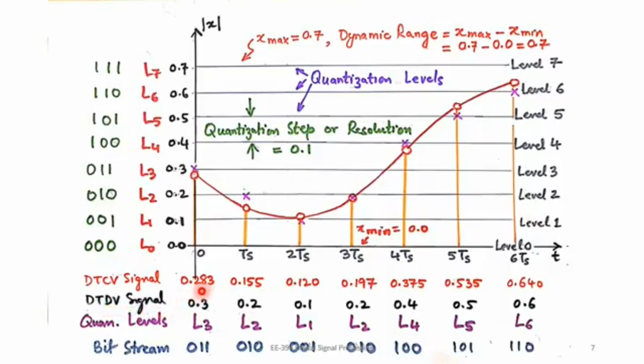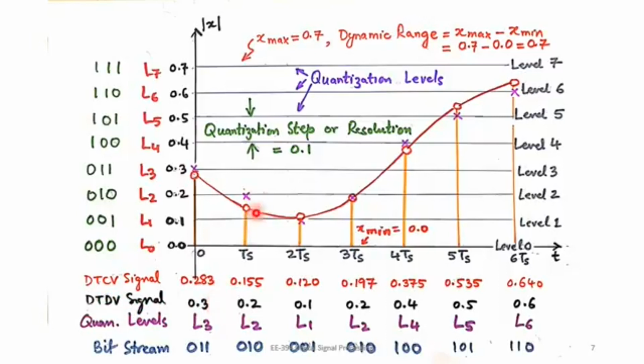So you can see that near 0.283, there are two levels, one below which is 0.2 and one above which is 0.3. Of course this is closer to 0.3, so it moves to 0.3. So a discrete time discrete valued signal will call a 0.283 sample a 0.3 sample.